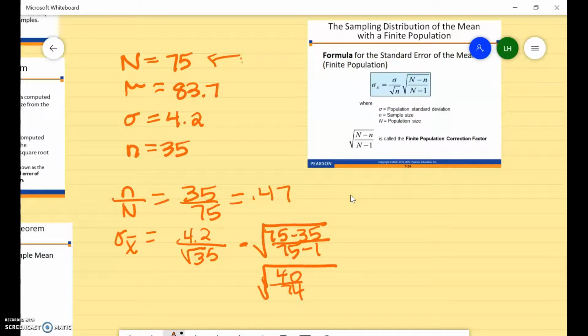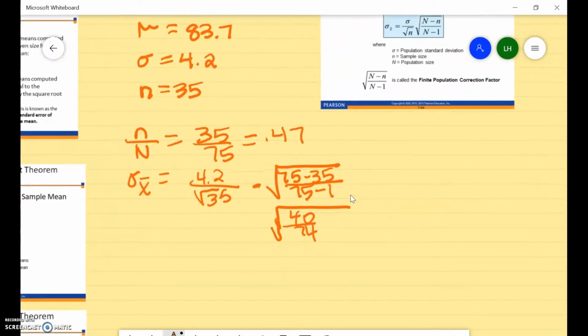So if you do that first, the square root of 40 divided by 74, you get 0.73521, a very long number. I'm just going to leave it like that, and then I'm going to times it by 42, and I'm going to put parentheses around that, divided by the square root of 35.